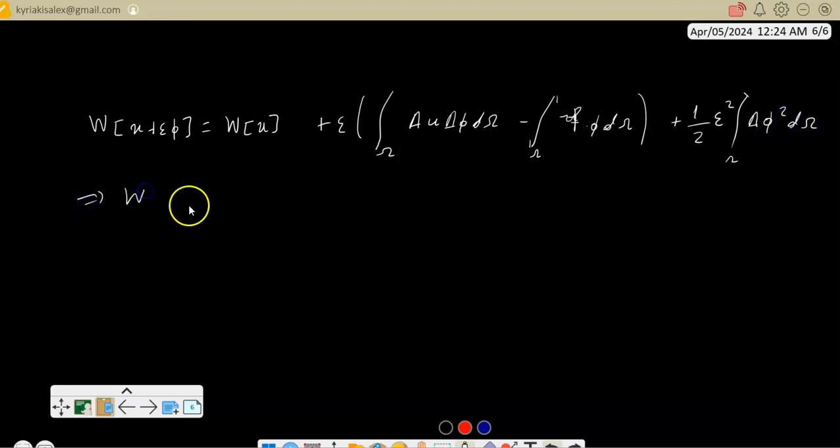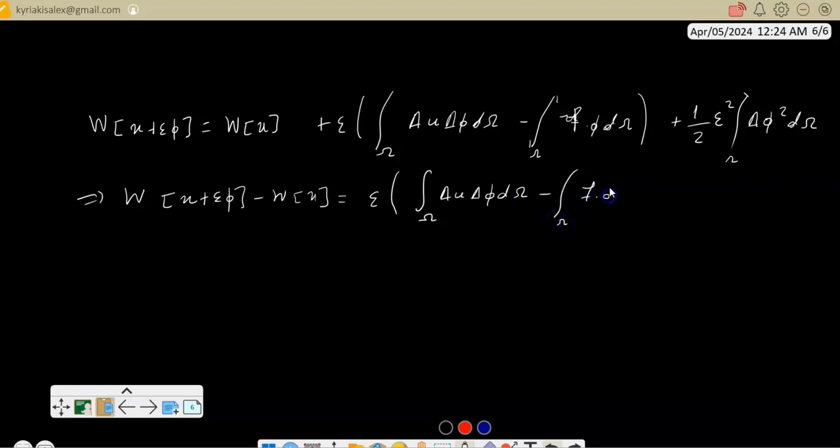Now what I can do from here, I take this difference of the functionals here, minus W of u equals epsilon, and here I have the integral of the Laplacians of u and phi, plus epsilon squared divided by 2, the integral of Laplacian phi squared d omega.